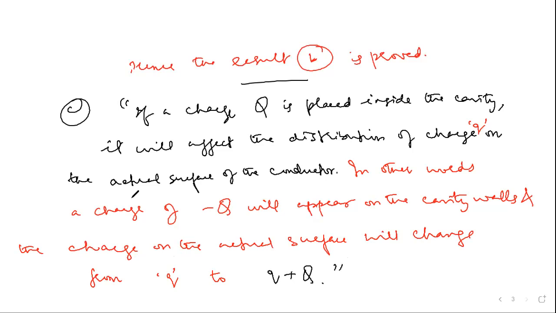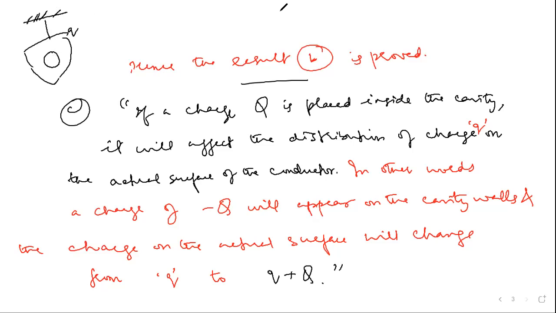Understand this statement. Let me make a rough diagram here. This is my thread, this is my lump of copper, and there is a cavity. Here the charge was small q on the surface.